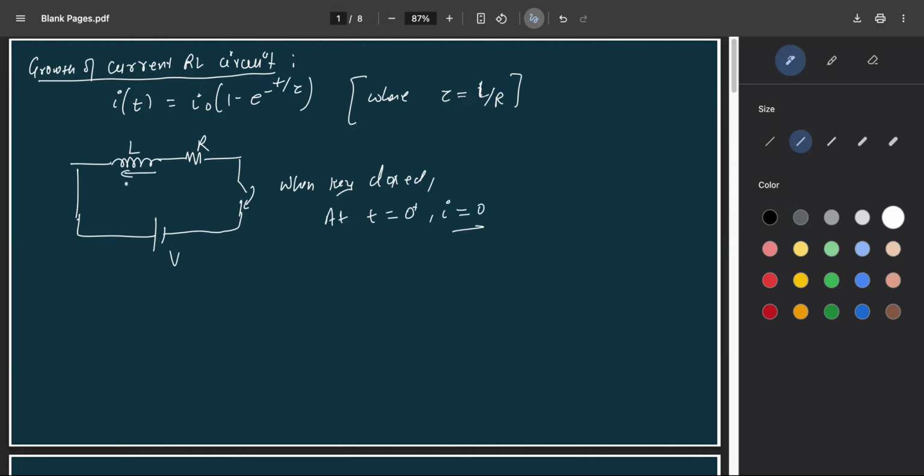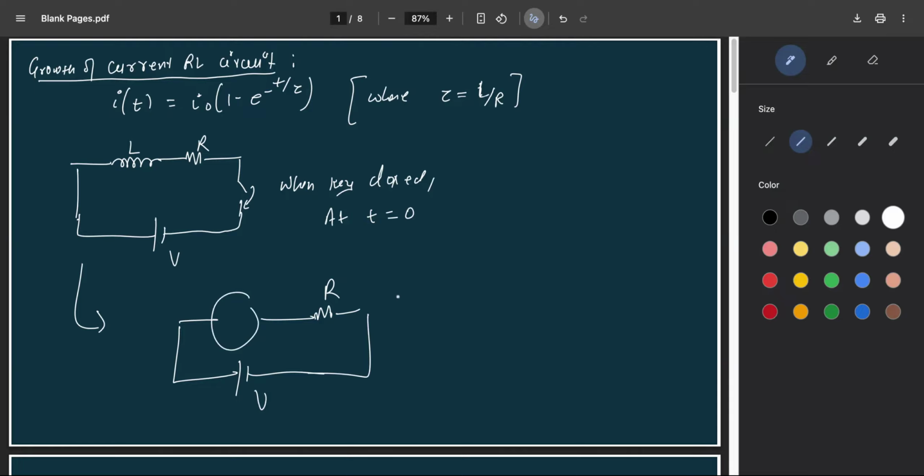Because there was no inductance EMF produced, which decays with time. So at t equals 0, the inductor was acting as an open circuit. Understood? If you can remember, this open circuit condition happens in the case of a capacitor, when you let current pass through the capacitor for a very long time.